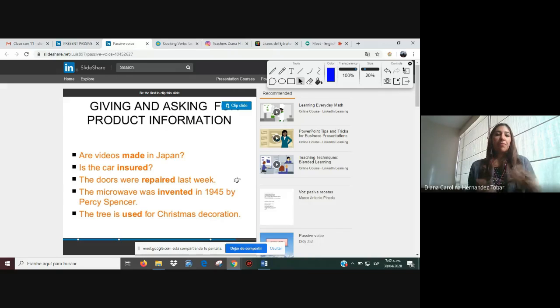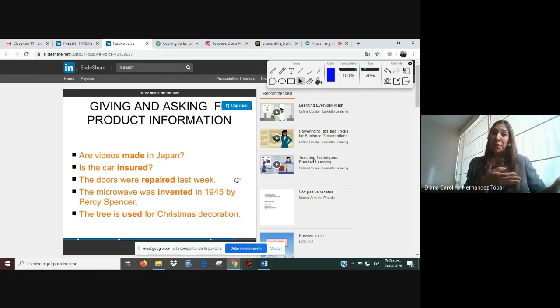Okay, now if you have questions about any product, basically on products, if you take a look at t-shirts, jackets, all of the products have "made in China" or something like that. "Made in" means it's kind of passive.